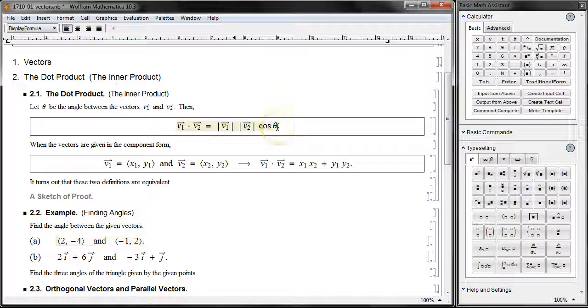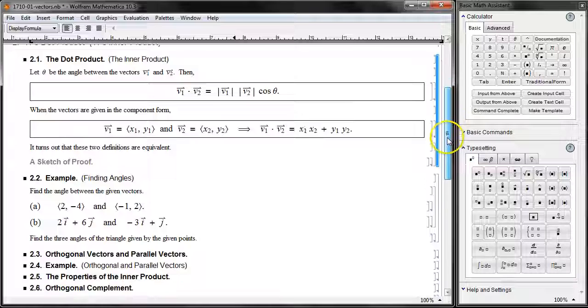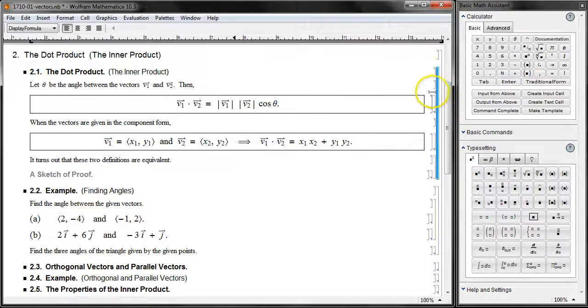Put those here, and then v1 dot v2 we can calculate using the algebraic expression, and then for the magnitude you can use the Pythagorean formula, and you can find out cosine of theta. All you have to do at the end is take arc cosine and you're through. That's how you can find out the angles.